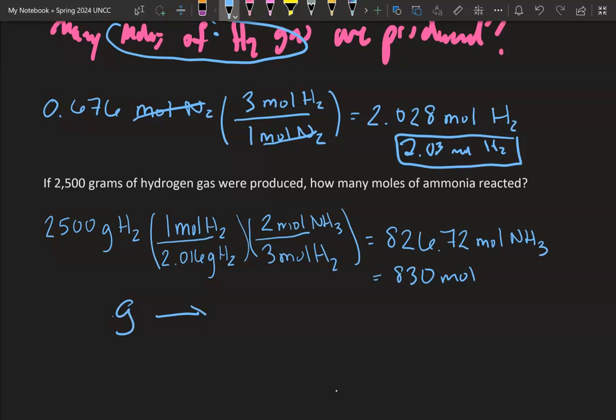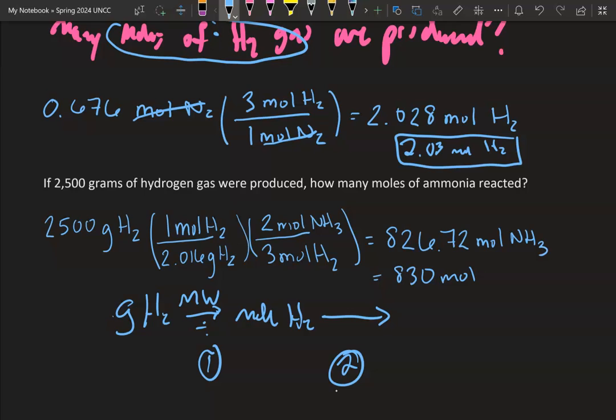So remember, you're going to take the grams of hydrogen gas and convert that into moles of hydrogen gas, you're going to divide by the molar mass of hydrogen, and that's the first part. The second part will be converting your moles of hydrogen into moles of NH3, and that uses the mole ratio. So there's the work for it. All right, and don't forget to pay attention to the sig figs.